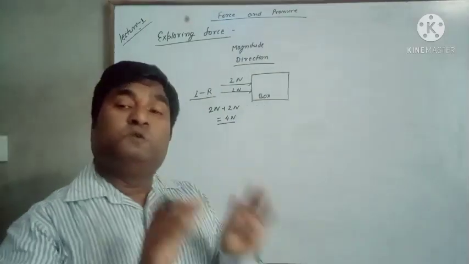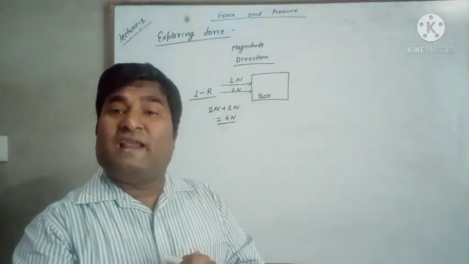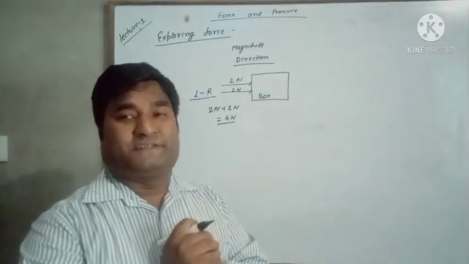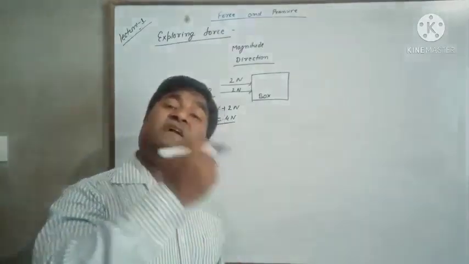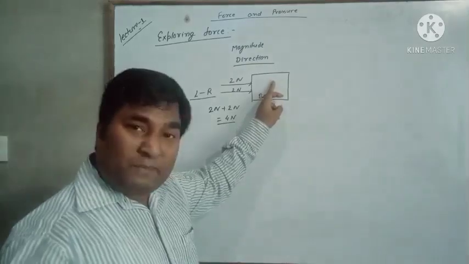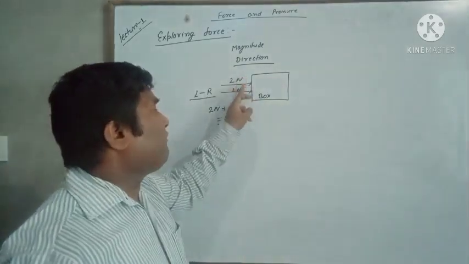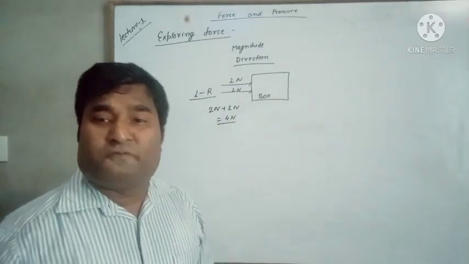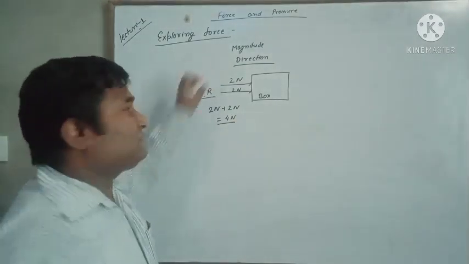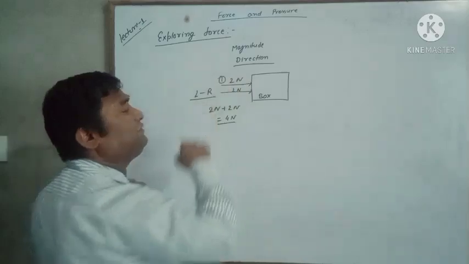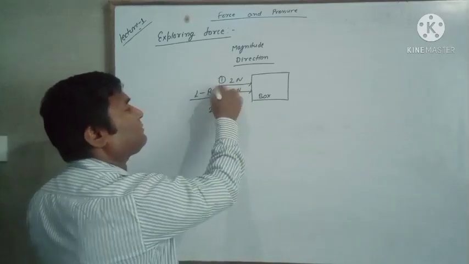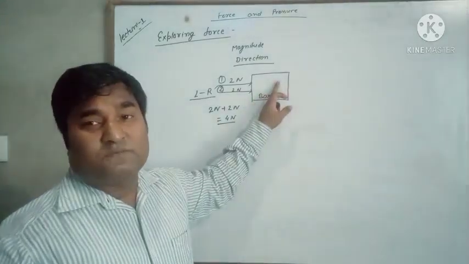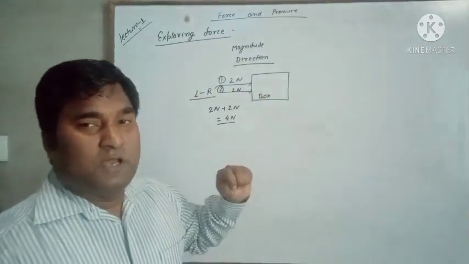Means when 2 force is applied on a body in same direction, the resultant force on the body will be sum of both the magnitude, means the magnitude of the force. Means first case you applied 2 Newton and your friend applied also 2 Newton. So resultant force on this box will be of 4 Newton.